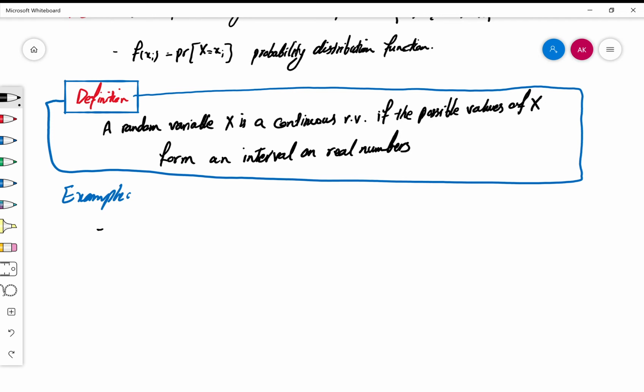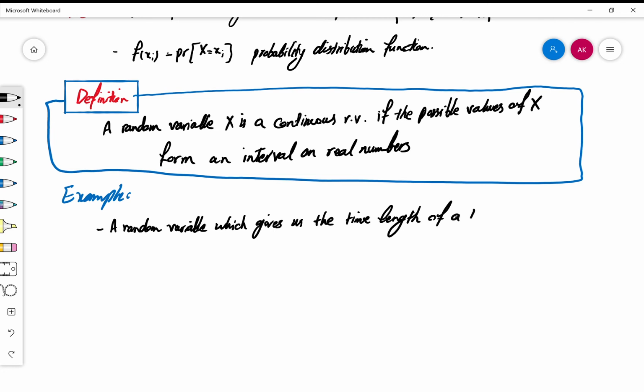For example, any random variable which takes the time of some process, some work, some job. So a random variable which gives you the time length of a trip from London to Toronto.